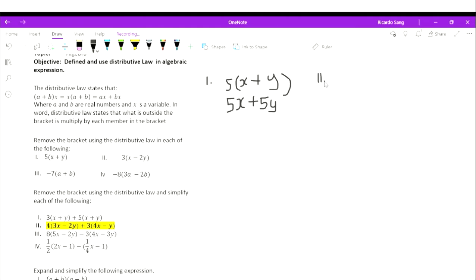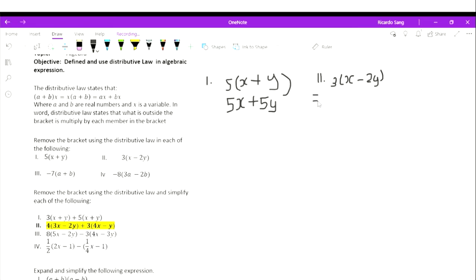So come over here and look at the next one. This said 3(x + 2y). Alright, so we're going to use the 3 to multiply by each member inside the bracket.